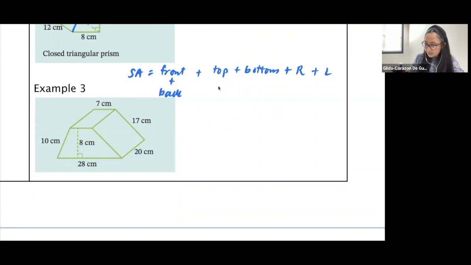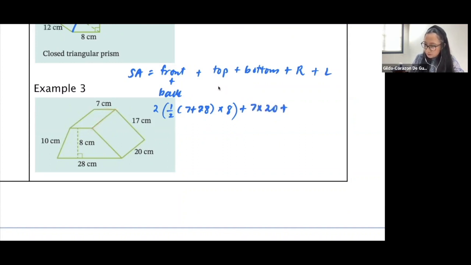Right, let's go ahead and calculate the areas. We've got the front and the back. We've got half times (A plus B) times H. What is our A? A is 7 plus 28, which is the bottom here. We times it by its height, which is 8. And then there are 2 of them, so we double, right? We need the top, which is 7 by 20.